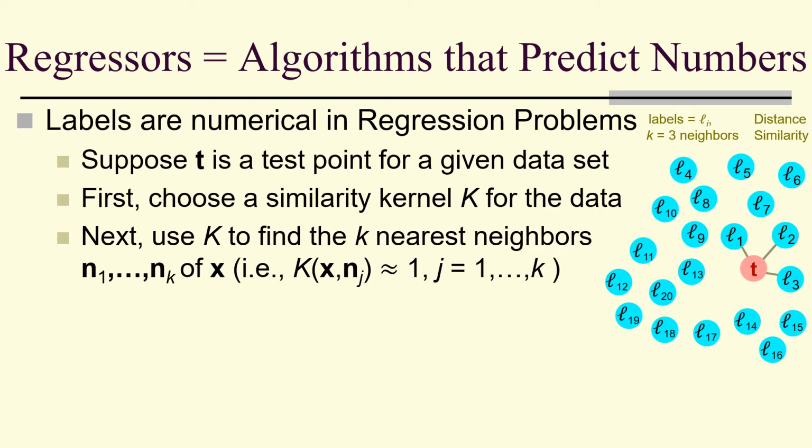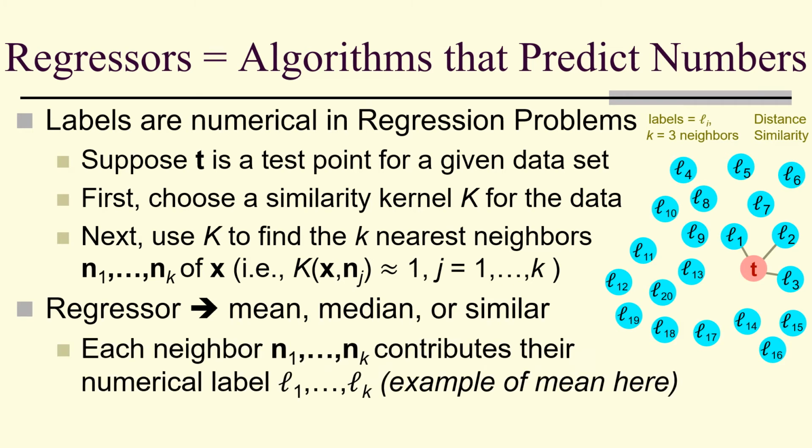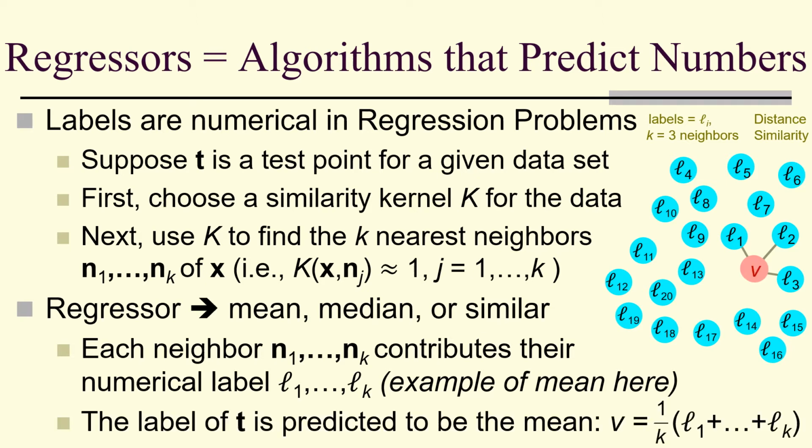You find the k nearest neighbors, in this case k is 3. And then a regressor means that you use some kind of statistical measure, mean, median, something like that. Each neighbor contributes their numerical label, and we're going to be using the mean here. The label of t is then predicted to be the mean of the labels of the neighbors.